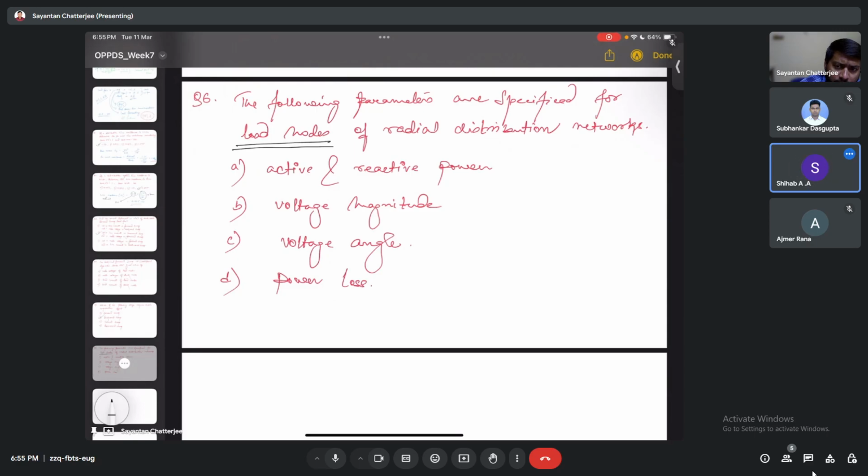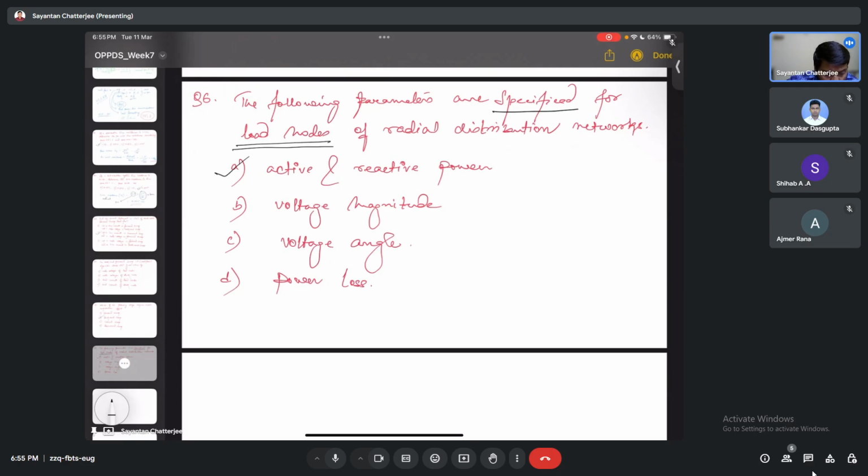Then B, voltage magnitude? No. Which of these parameters are specified for the load nodes? Active and... first one, yes.